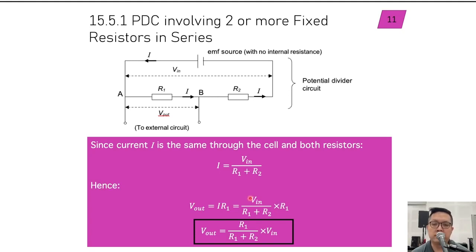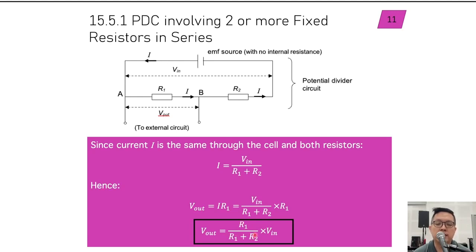What's the implication of this? You can see right now, this value, R1 over R1 plus R2, will definitely be less than 1, provided R1 and R2 are non-zero. So this is a fraction. That means your potential difference across V out will be proportional to the proportion of R1 over R1 plus R2.